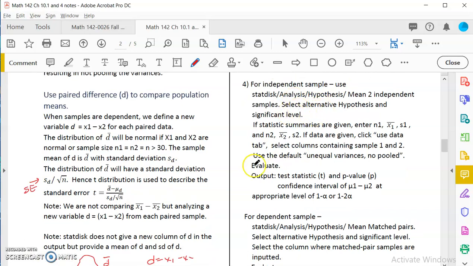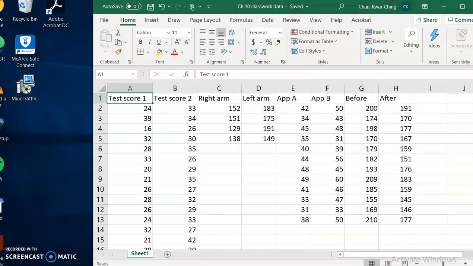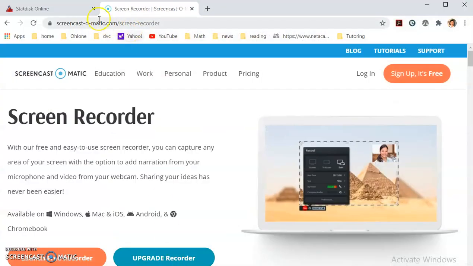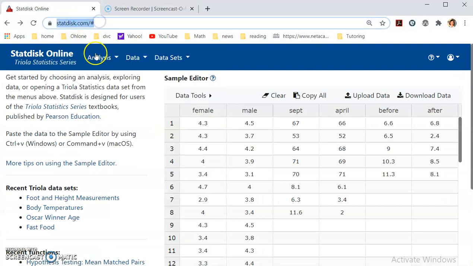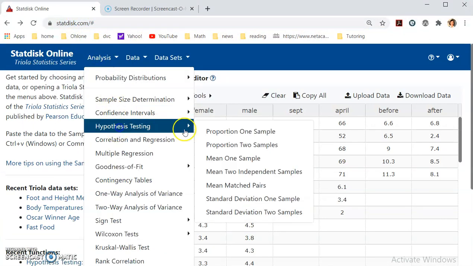Now you're going to run the hypothesis test. So I'm going to show you how to run it to get the test statistic, p-value, as well as the confidence interval. The command to do it, I have set this online, is analysis, hypothesis testing, proportion two independent samples, or not proportion, mean two independent samples or mean match pairs.